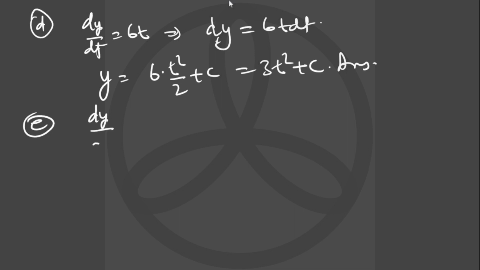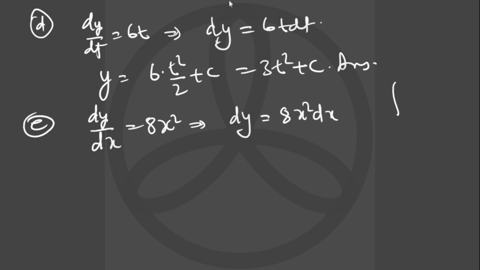dy/dx is equal to 8x squared. Separate as per the variable, and we can write dy is equal to 8x squared dx, and we can apply this formula x^(n+1)/(n+1). In this case n is actually 2.